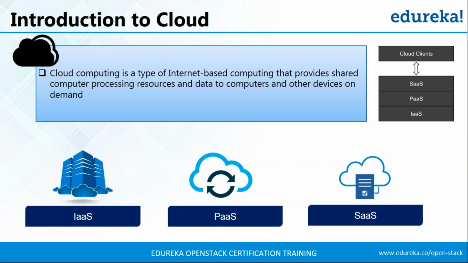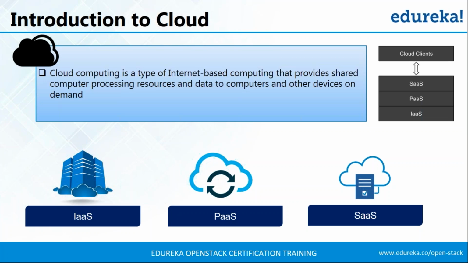The next one is Platform as a Service. It means that it will just provide you with a platform in order to develop your applications. And finally, Software as a Service is something like Gmail or Google Drive, where they give you software that is in the cloud and you access it and put your data into it.